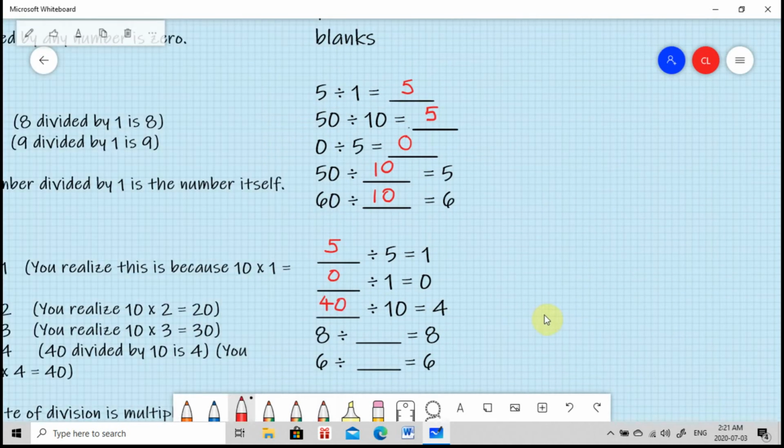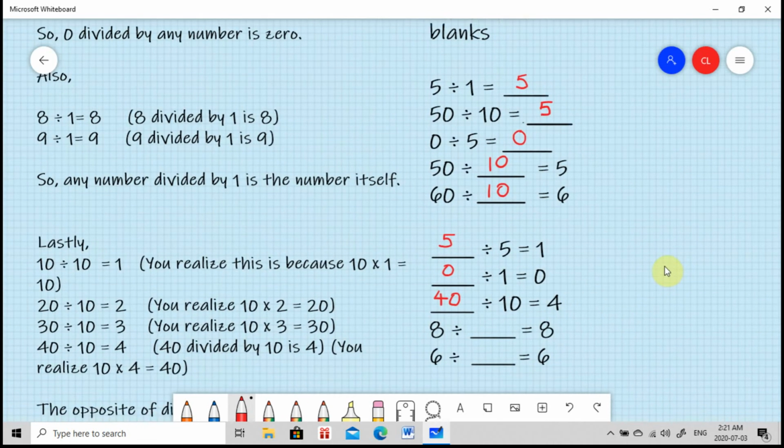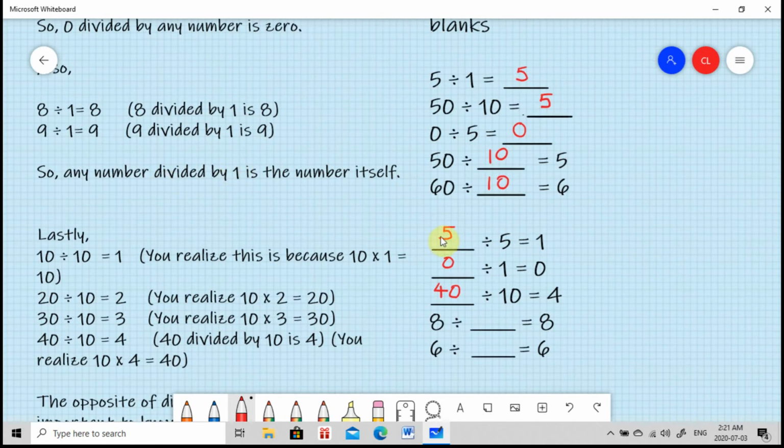So if you look at the rule, 0 divided by any number is 0. 0 divided by 1 is 0. And then you have 40 divided by 10. Here you also have 40 divided by 10 is 4.